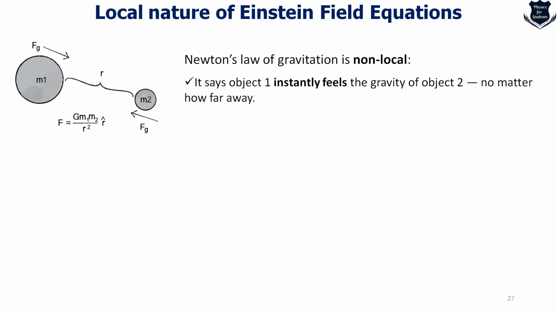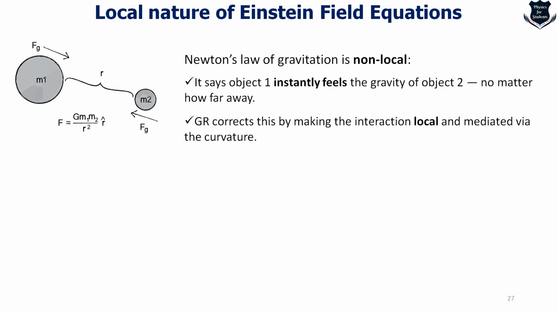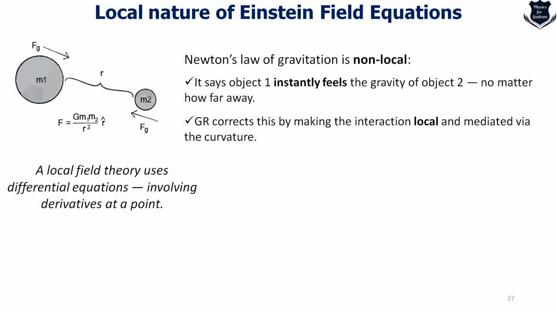Why? Because if the equation says there is a mass m1 and m2, one object instantly feels the gravity of object 2, no matter how far you are. And general relativity actually corrects this by making it local, mediated via the curvature.